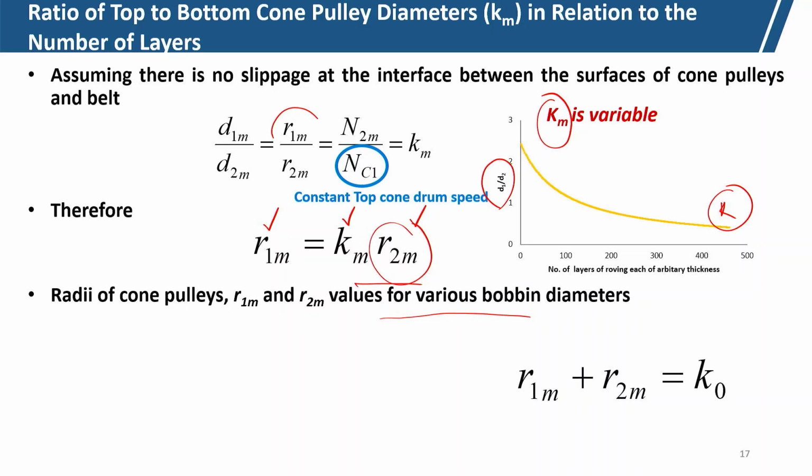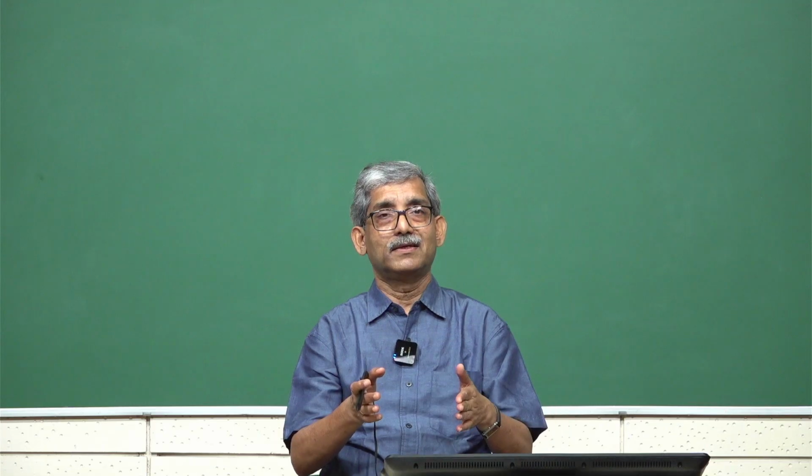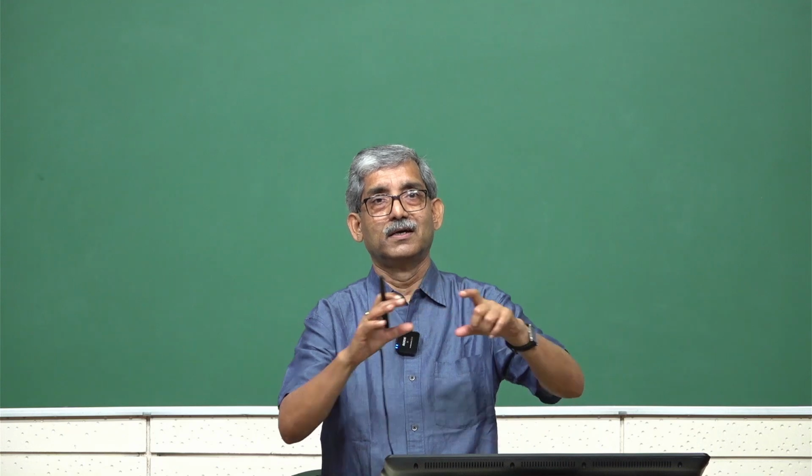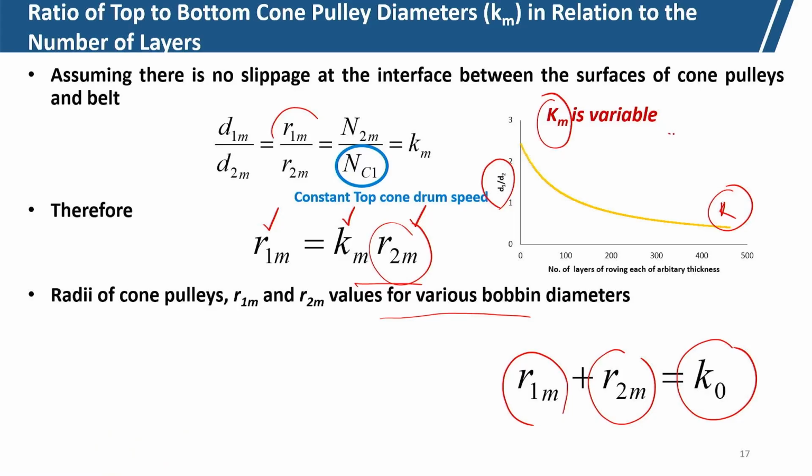But the condition here is that R1m plus R2m, although they vary, their summation is constant, because the belt length is constant and their axes are parallel. They have parallel axis shafts.